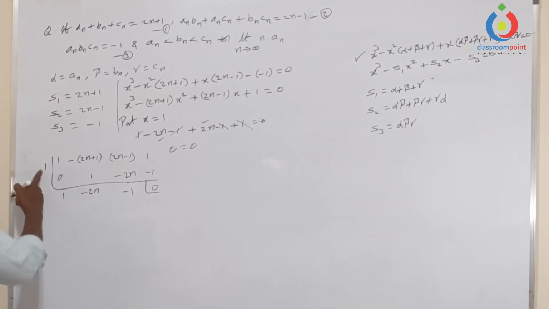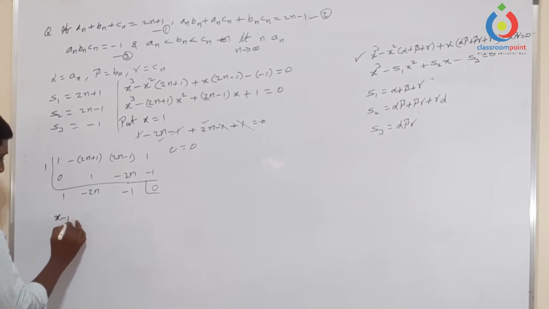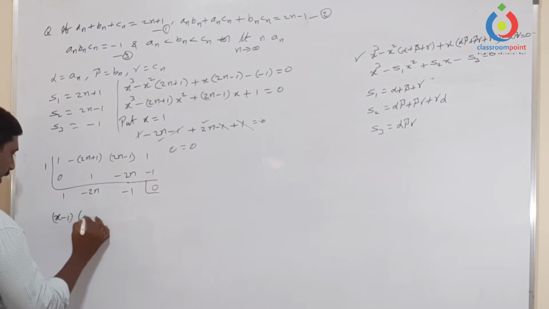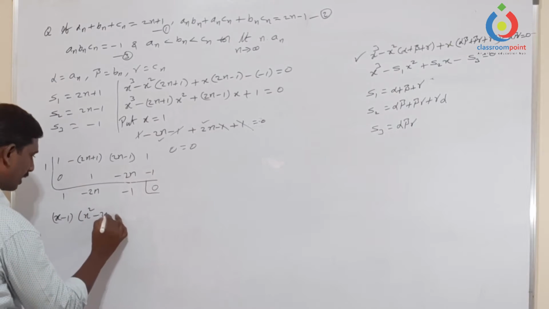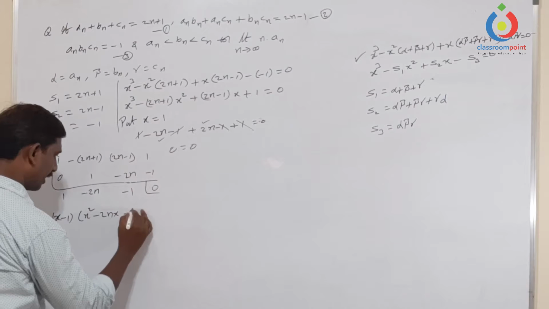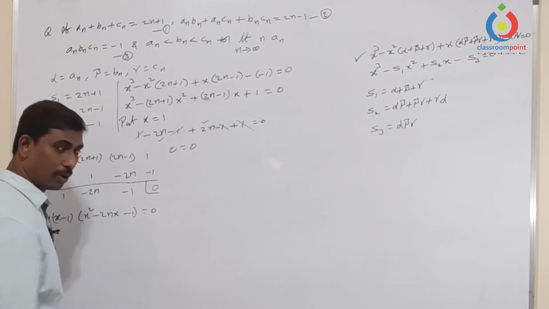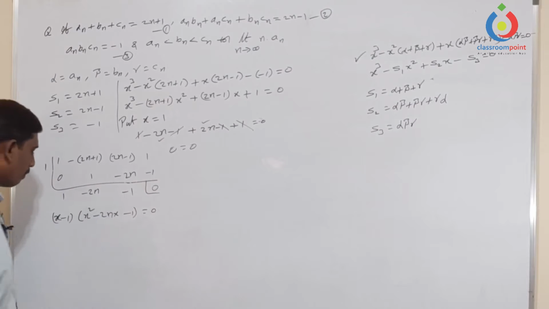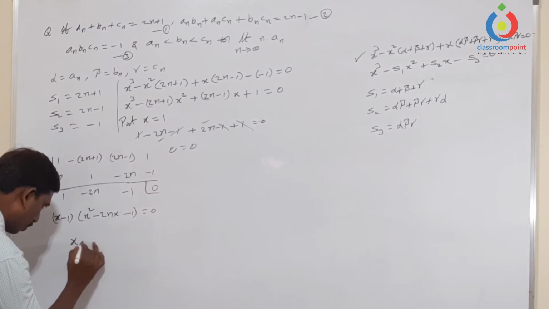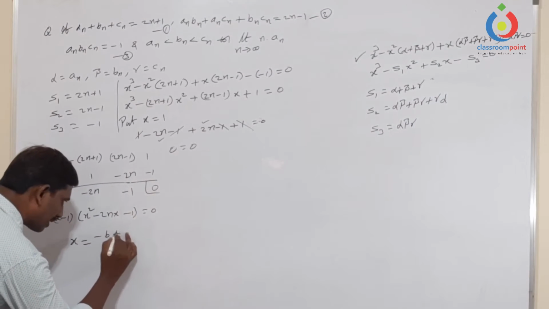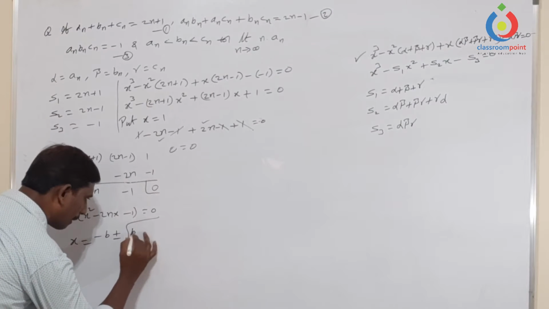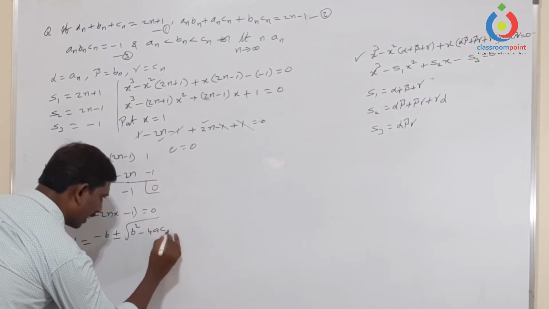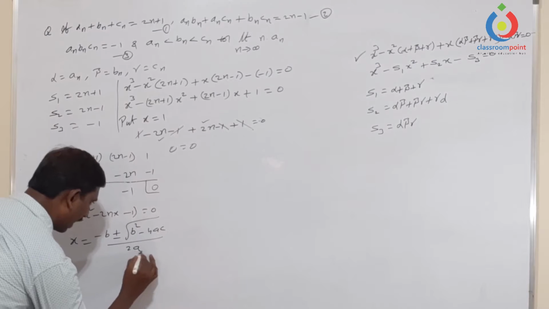This can be written as x minus 1 into (x square minus 2nx minus 1) is equal to 0. Now from this we need to find the factors by using x is equal to minus b plus or minus square root of b square minus 4ac, divided by 2a.